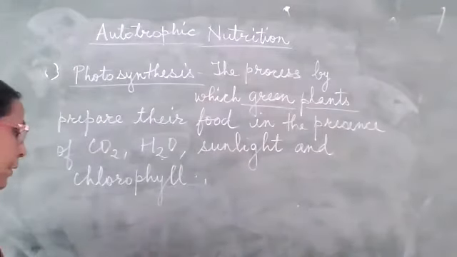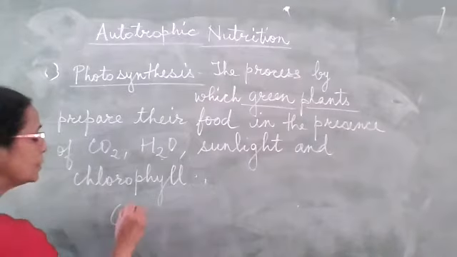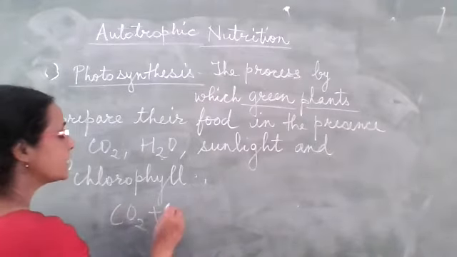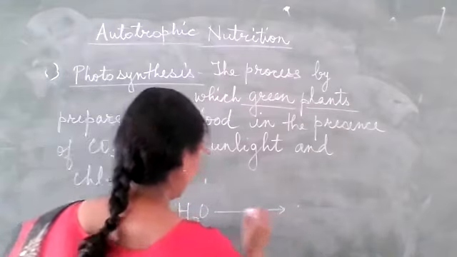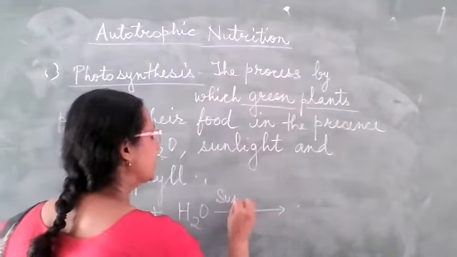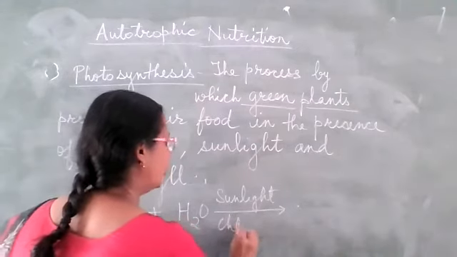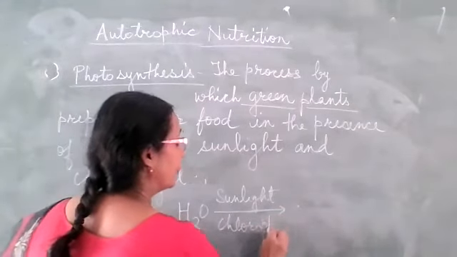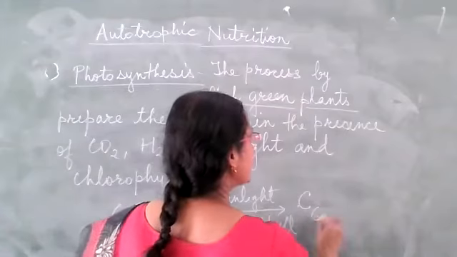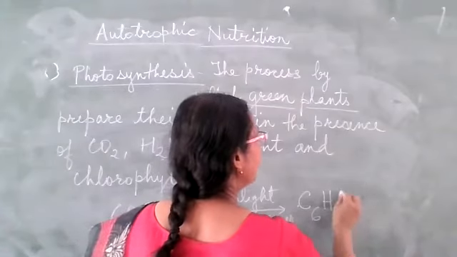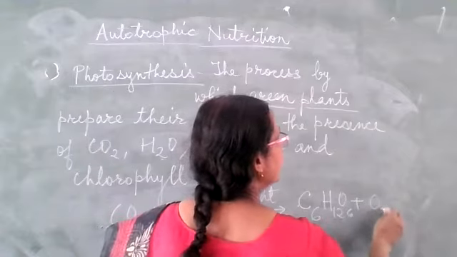And write down the equation: CO2 plus H2O in presence of sunlight and chlorophyll makes glucose, C6H12O6, plus oxygen.